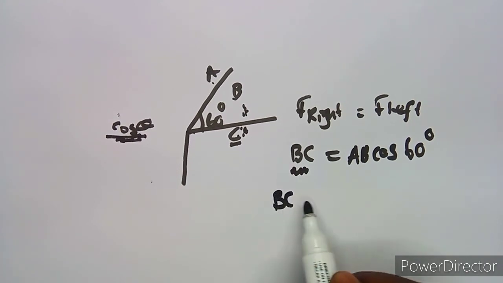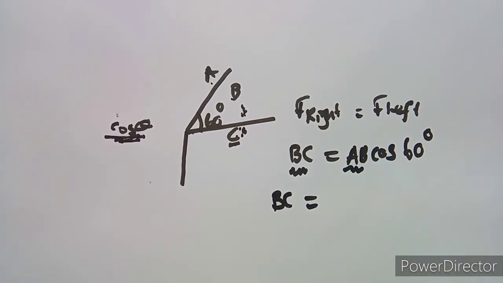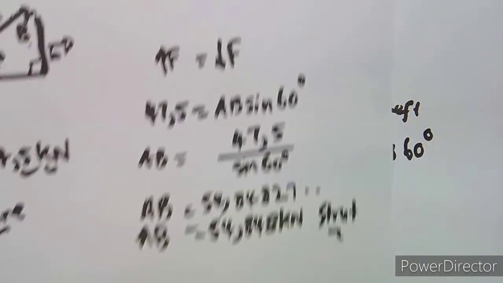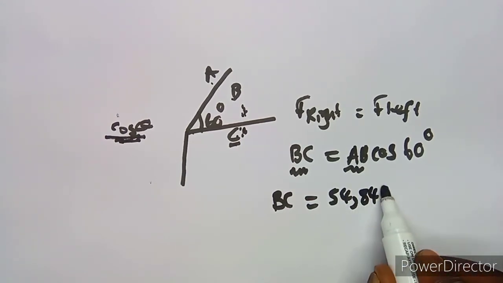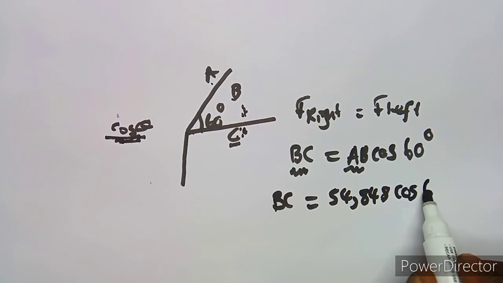All right. So remember, we want to calculate BC. So BC is equal to AB. We obtained AB as 54,848. Remember the value that you obtained here for AB. So you're just going to multiply 54,848 by cos 60 degrees.